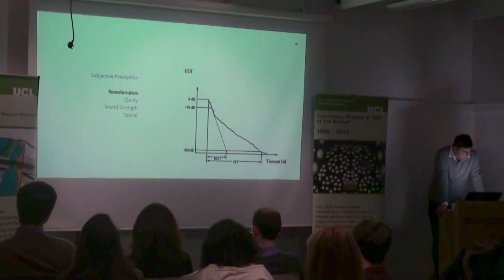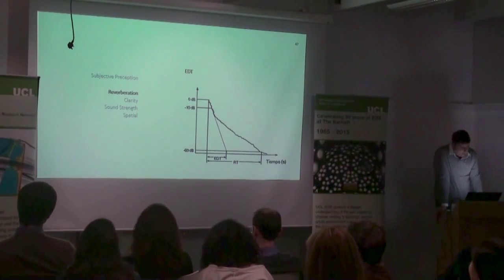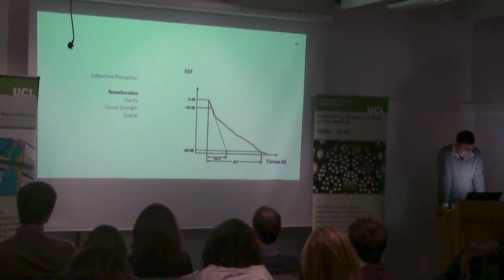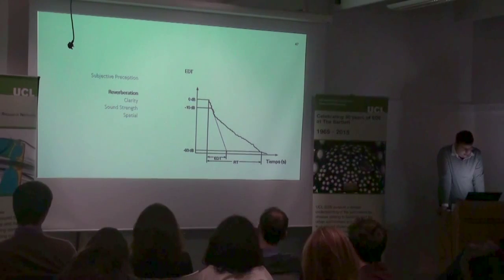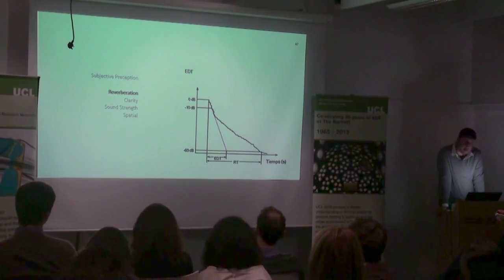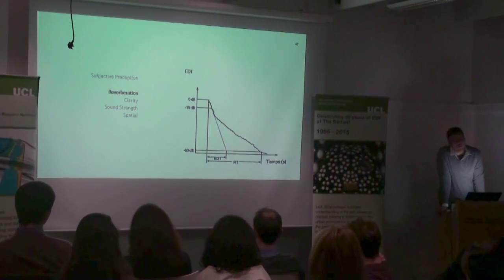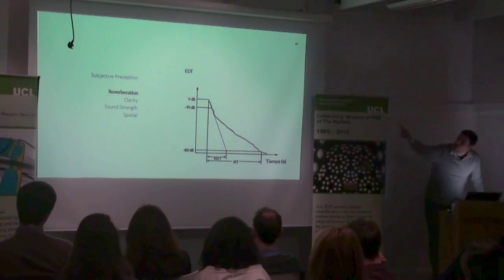So for reverberation, we chose early decay time, which is the same idea as reverberation time, but it's the projection of the decay, the progression of the decay from 10 dB all the way down to 60 dB. So it's the curve that you see.